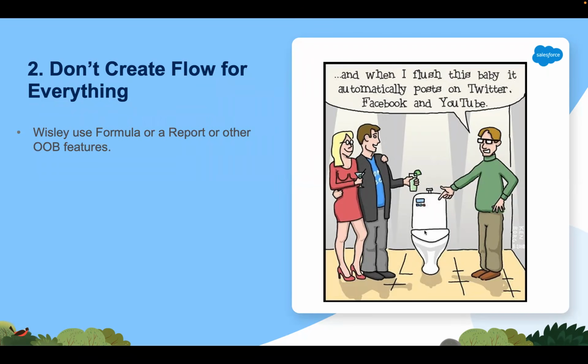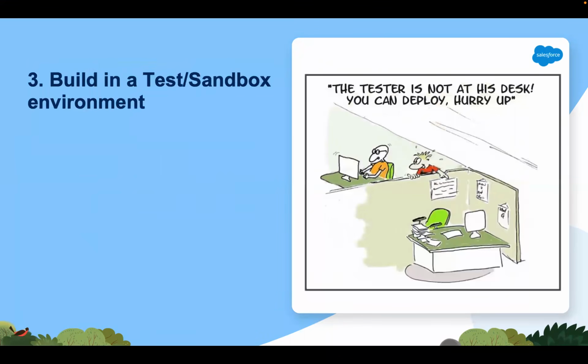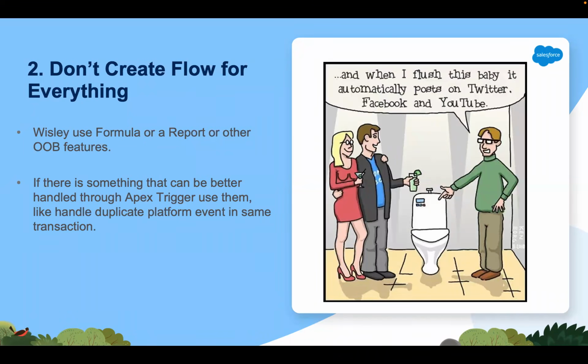All right, so there are some possibilities where you may want to use an out-of-the-box feature first, not Salesforce flows. When I'm working with some of the end users as an admin, they have made this mistake because they don't know when to use a Salesforce report or formula field. Like for example, if you want to bring some field from account to opportunity, that is not an example for a Salesforce report.